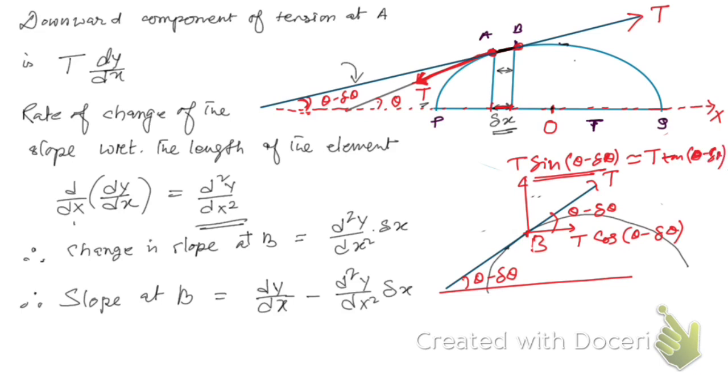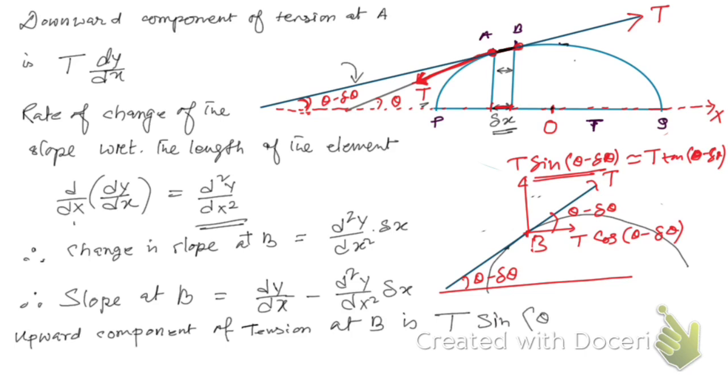So for a very small angle, first let me write the upward component of tension at B, which is T sine of theta minus delta theta.